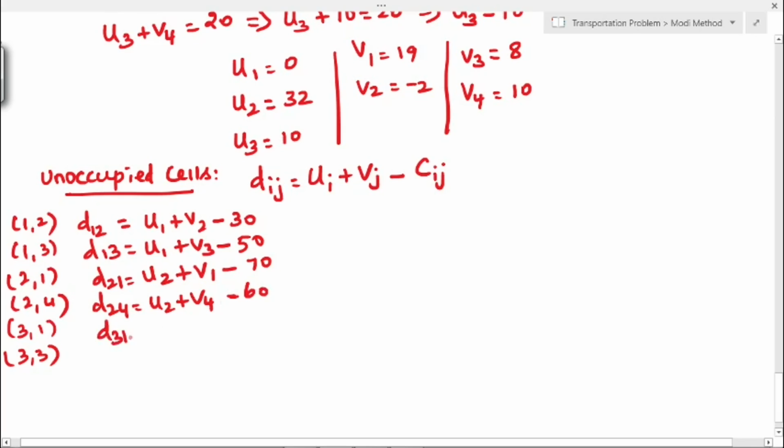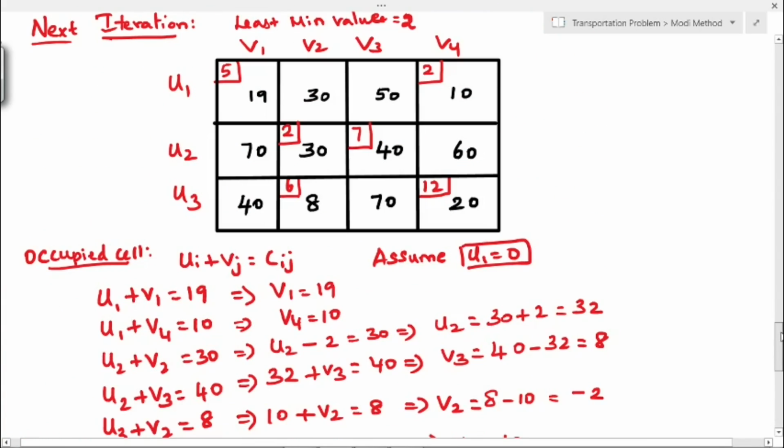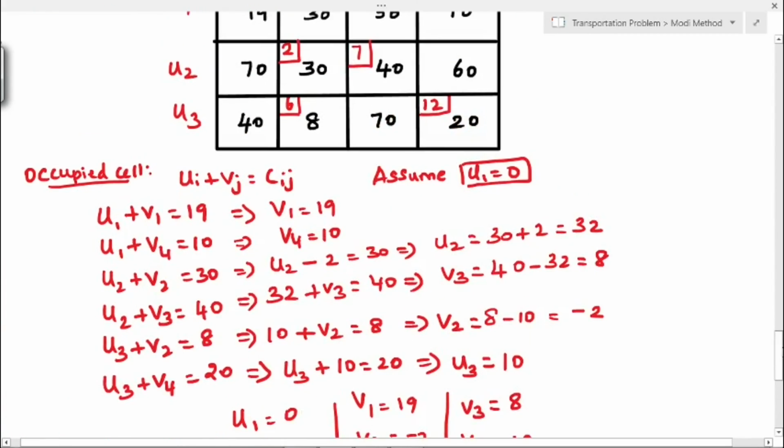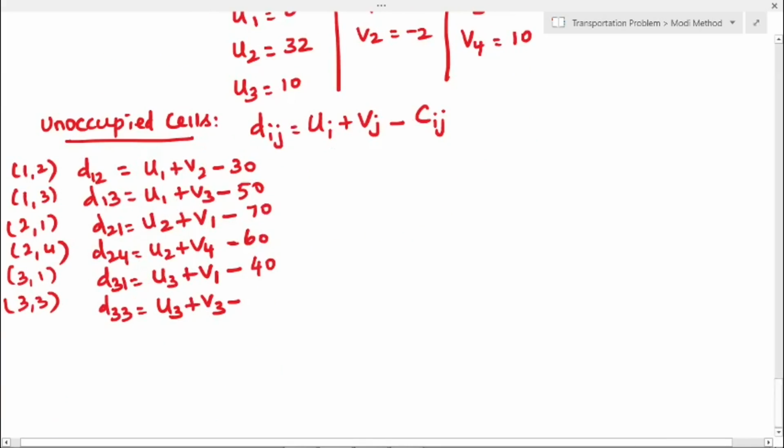Next, D31 equals U3 plus V1 minus the third row, first column cost, that is 40. And D33 equals U3 plus V3 minus the third row, third column cost, 70.